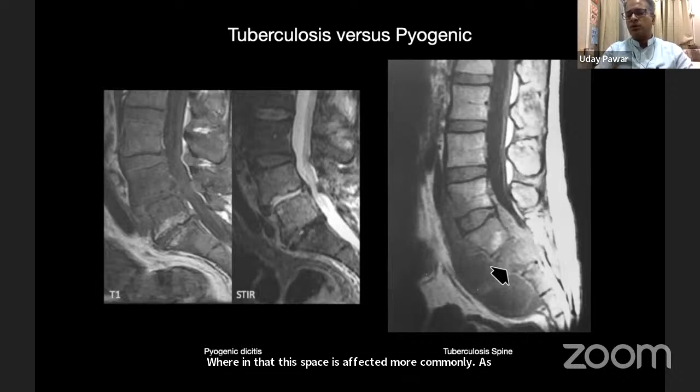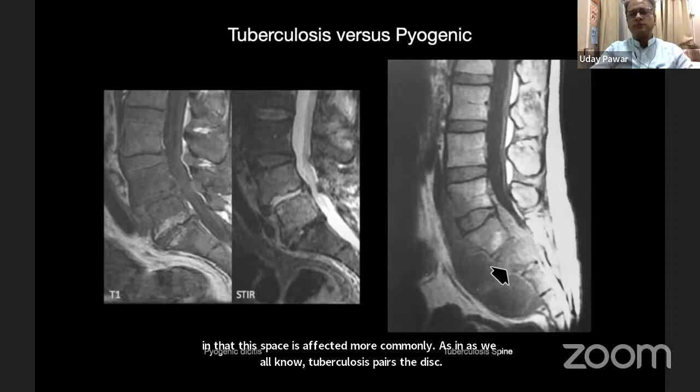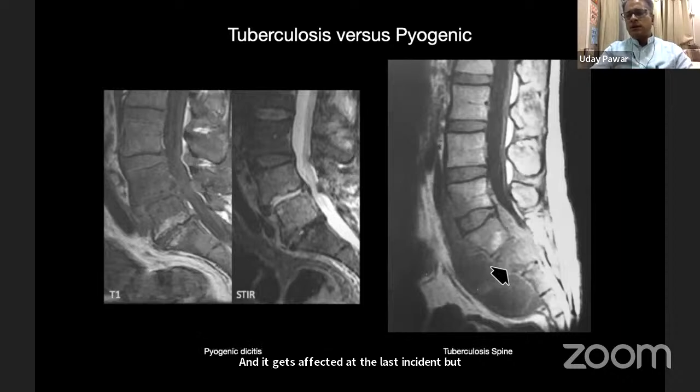As we all know, tuberculosis spares the disc and it gets affected at the last instant. But with disc sparing lesions, if you see multiple loculated abscesses, subligamentous abscesses, it falls more towards the tuberculosis pattern rather than the pyogenic discitis. But as I said, it should be a culture-based and histopathological diagnosis more than an MRI diagnosis.